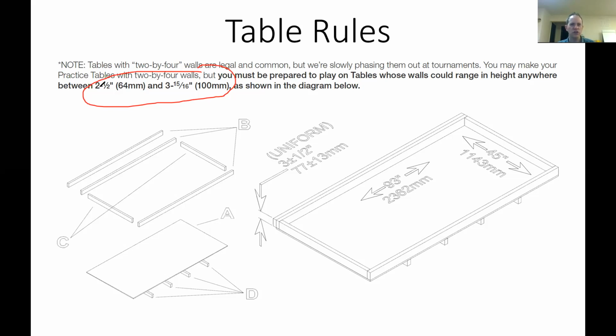This says 2.5 and 3 15/16, but then this says uniform 3 plus or minus 1/2 inch, or 77 plus or minus 13 millimeters, which 77 plus 13 would be 90, which doesn't match this, and 77 minus 13 is indeed 64. So I should point that out to them, that this has another inconsistency.